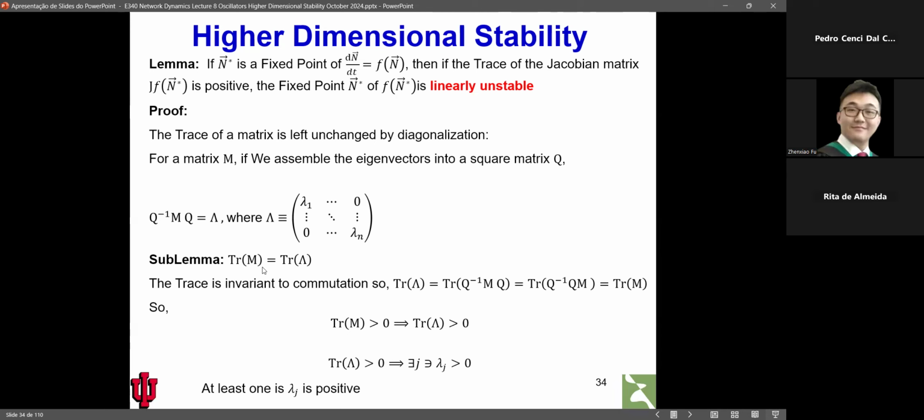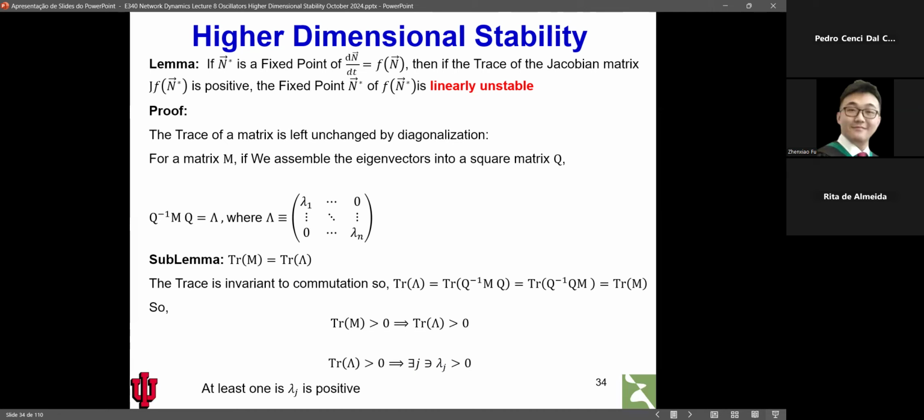And then you have that if the trace of M is larger than 0, then the trace of Lambda is larger than 0. And if the trace of Lambda is larger than 0, there exists at least one j for which lambda j is larger than 0, right?